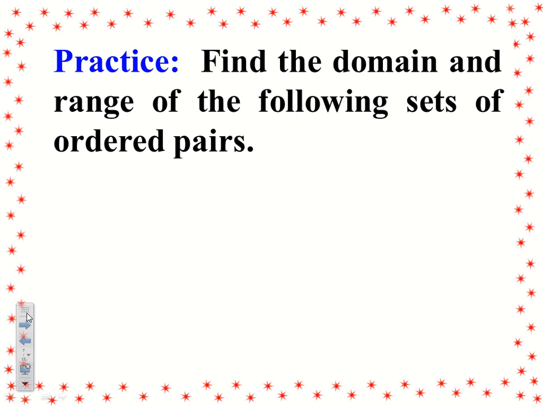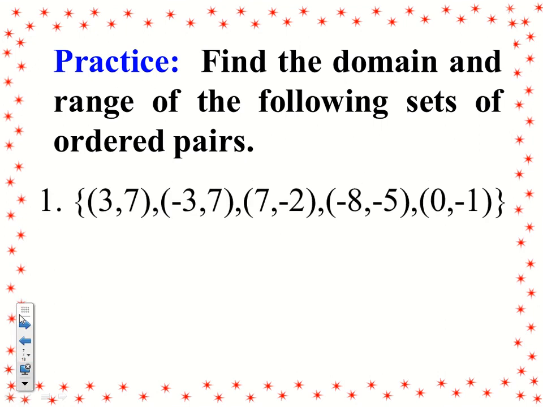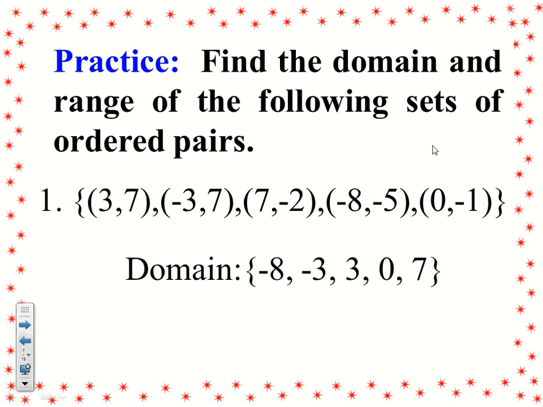So find the domain and range of the following sets of ordered pairs. Now this one is easy. Go ahead and take your x's. Remember, if they repeat, you don't have to write them twice. So my domain would be -8, -3, 3, 0, and 7.